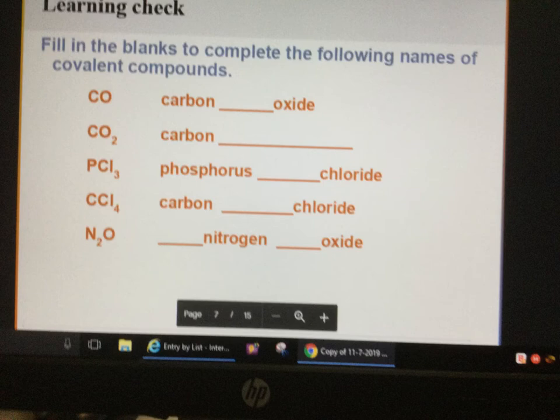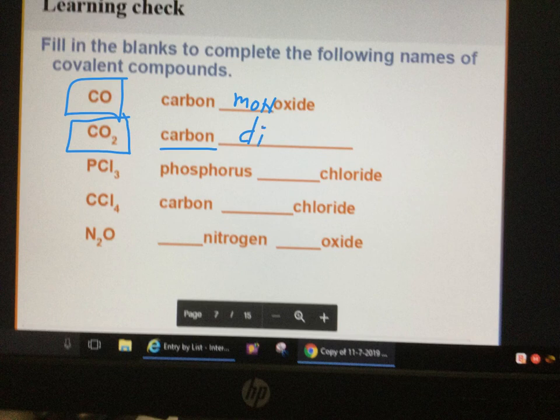Okay, let's do a couple of examples here. I have one carbon and one oxygen, so it's carbon monoxide, and that's your total chemical name. Here I have one carbon and two oxygen. You don't have to write monocarbon, but oxygen has two, so it's going to be dioxide.